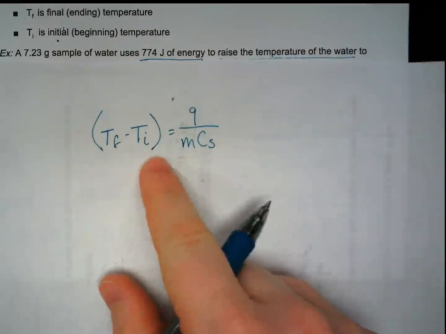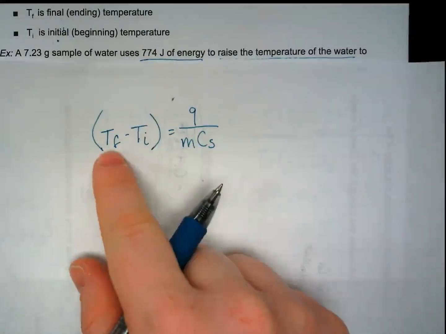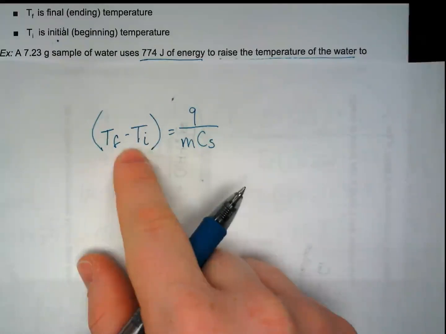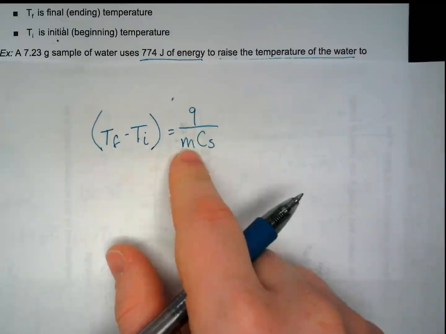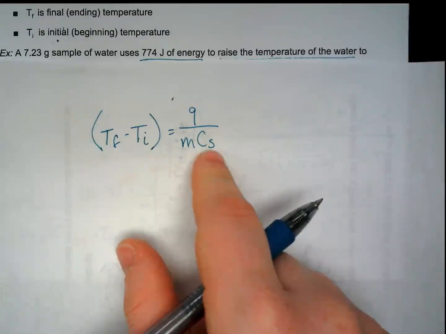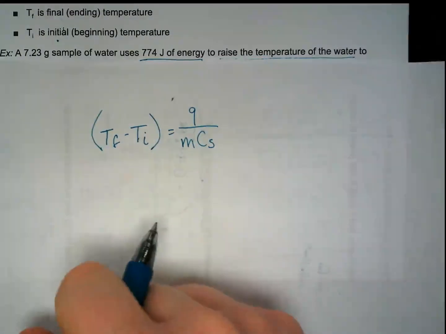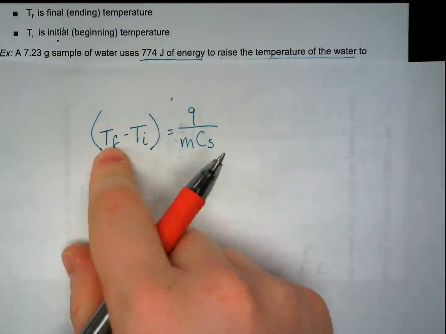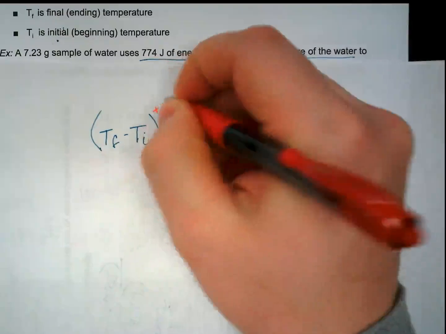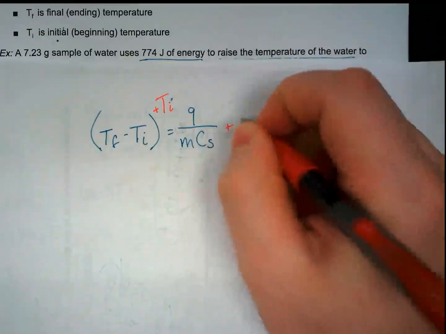So we've come back here, we've got the final temperature minus the initial temperature is equal to Q divided by M times specific heat, mass times specific heat. If we need to get this guy all by itself, it is literally just this. We're going to add initial temperature to both sides.